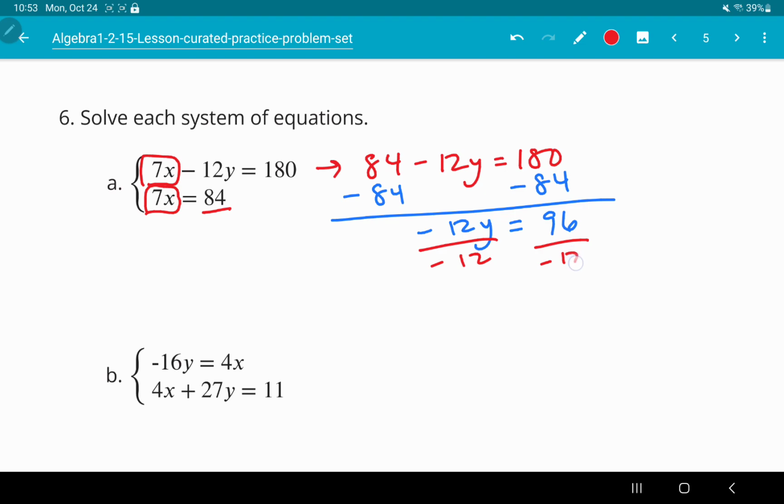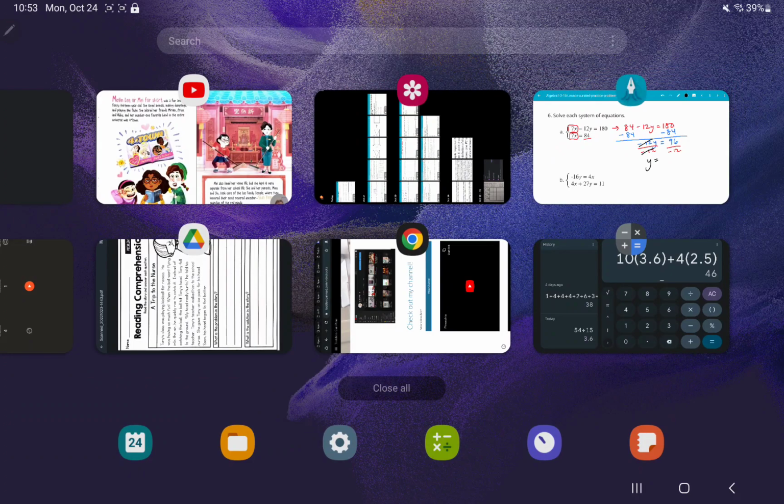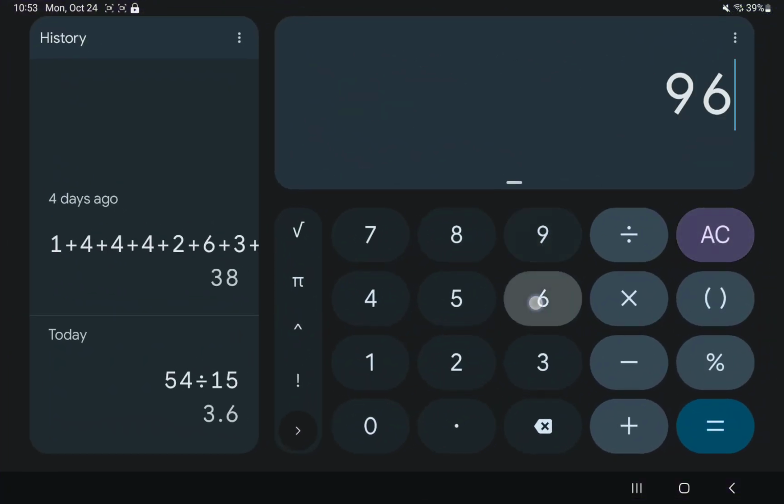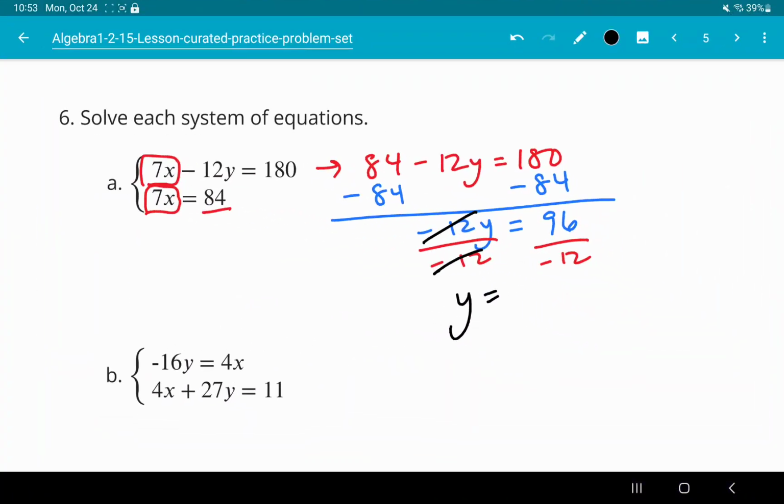Divide here by negative 12. And we should get y equals whatever 96 divided by negative 12 is. That is going to be 8, but it's going to be a negative 8. So we'll get a negative 8 for our y value.